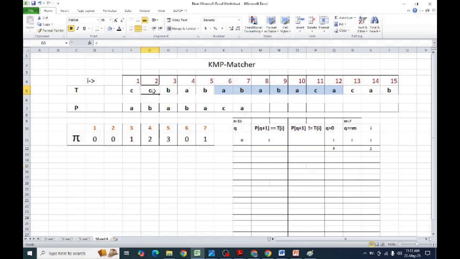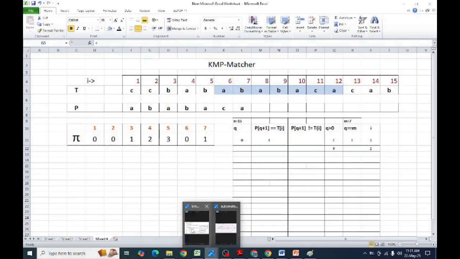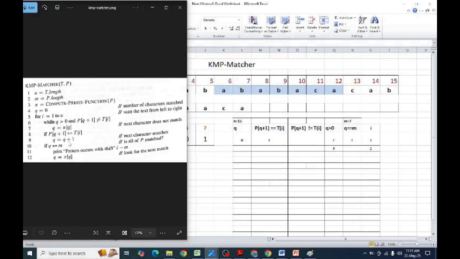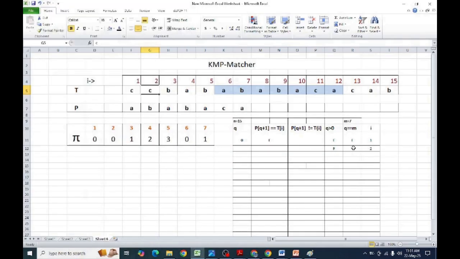This one equal to this one, no, there is no match, so q will not be updated, since q is equal to m, no, it is false. We will be taking the next character.